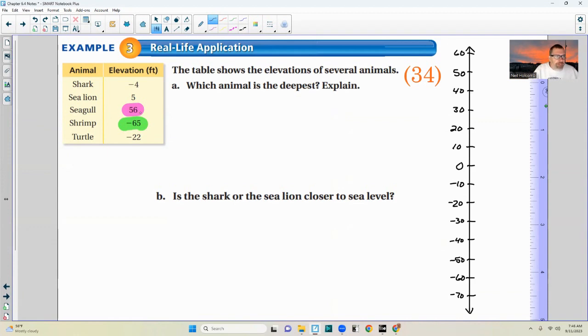Okay, and notice 56 would be up here somewhere, but I went higher than the highest, and -65, I went to -70, so everything is going to be included.